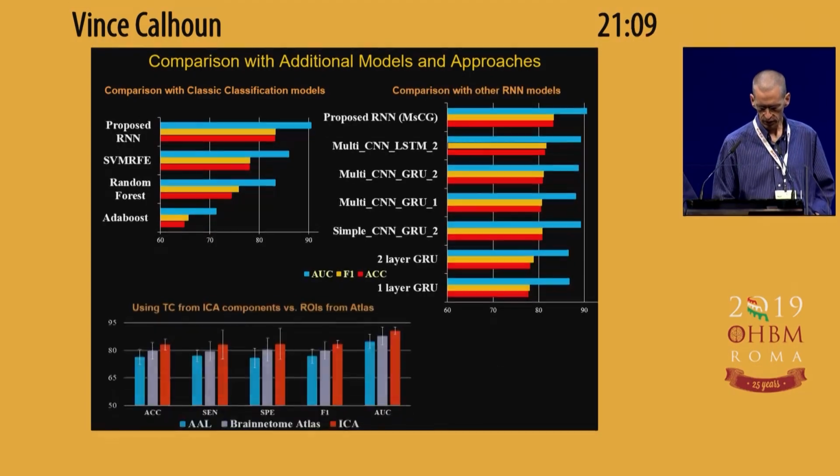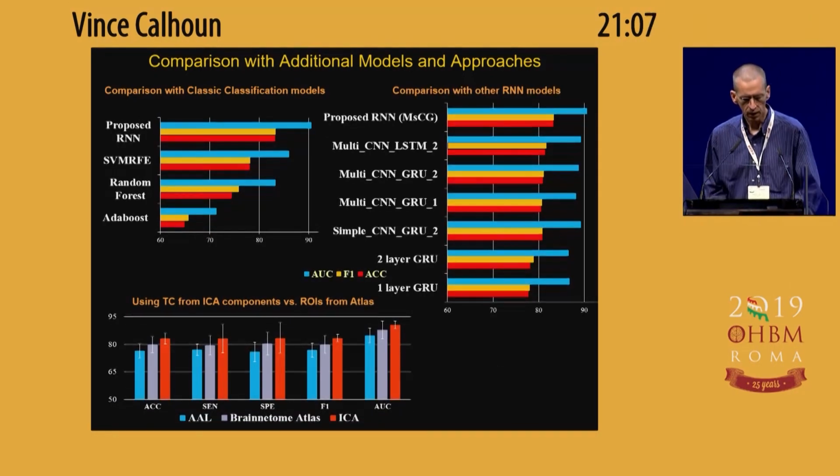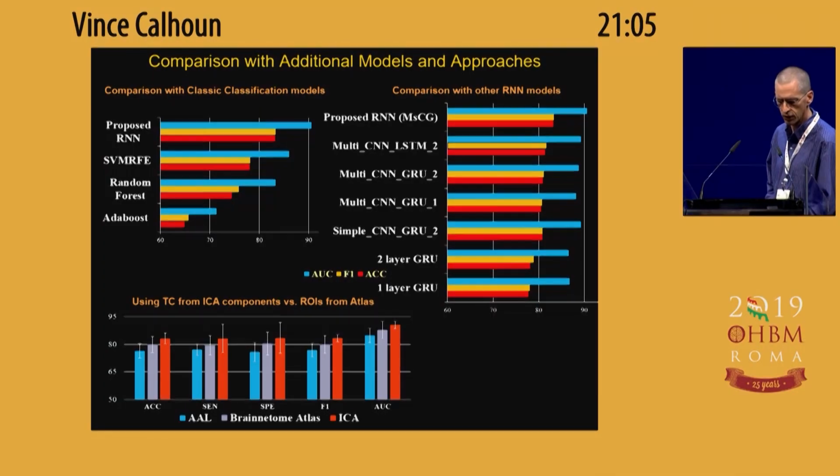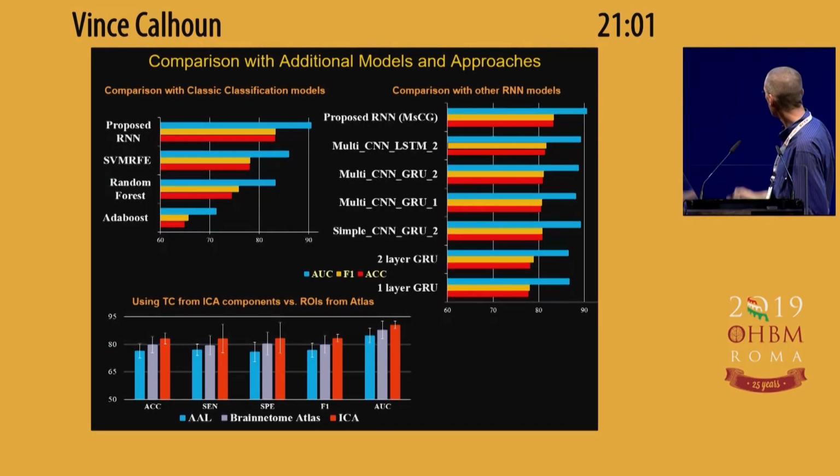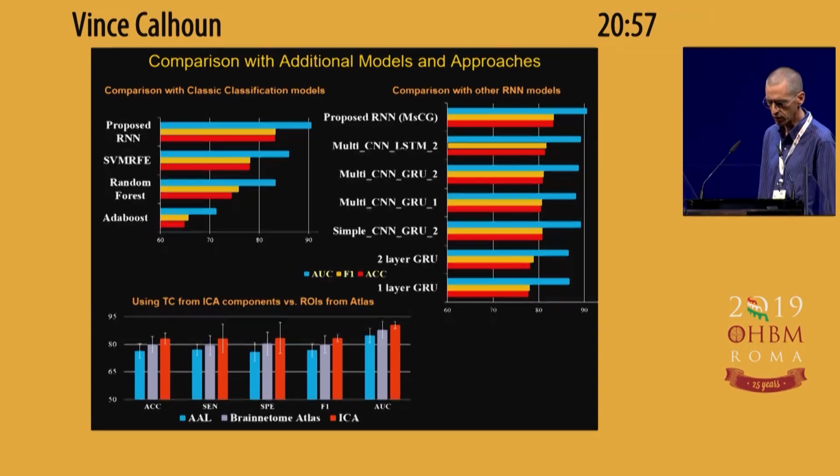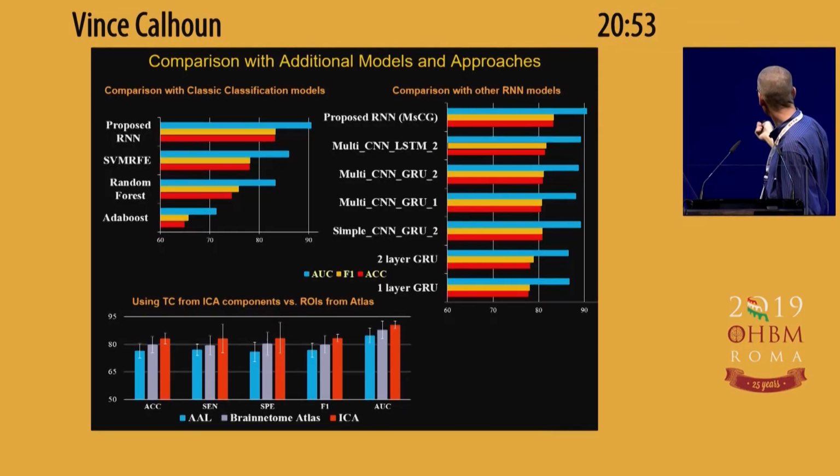I'll go through this quickly, but you can see that when we directly compare with other classifiers, we are outperforming, for example, the support vector machine approach. There's a small variation between different types of gated recurrent unit models that we used here.